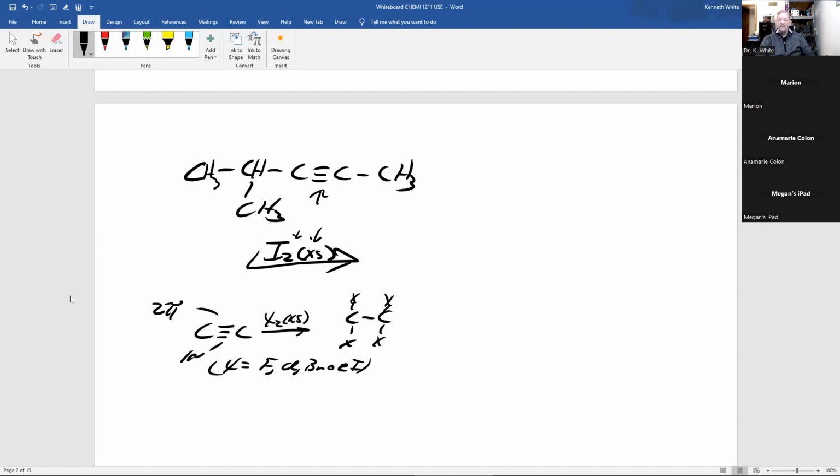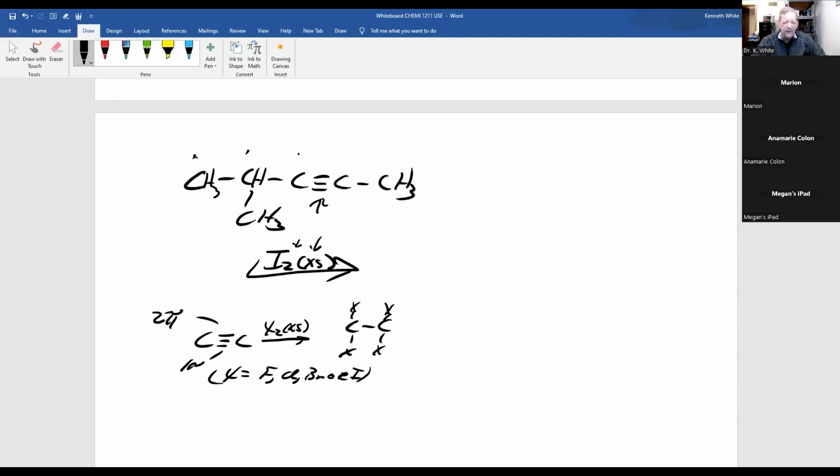Now, do you break carbon-carbon single bonds? No. So I have 1, 2, 3, 4, 5 across. I have a methyl group. Here are my 2 carbons of the triple bond, which are these 2. Notice I broke the 2 pi bonds, and each one gets not 1, but 2 iodines.